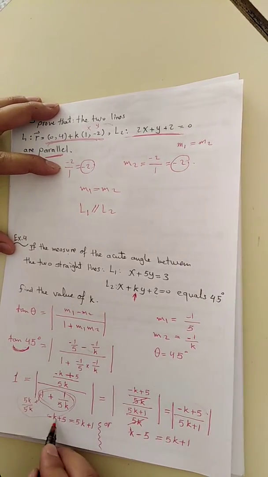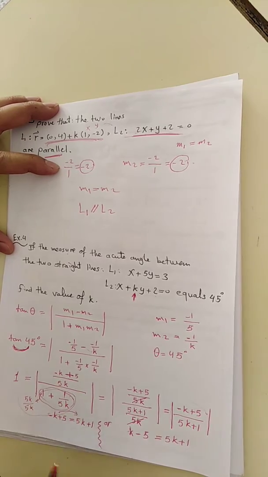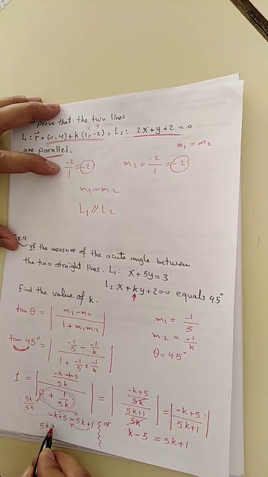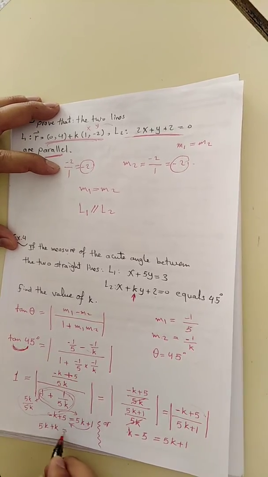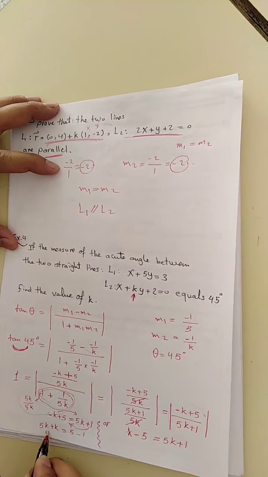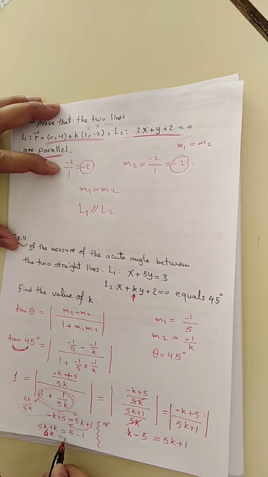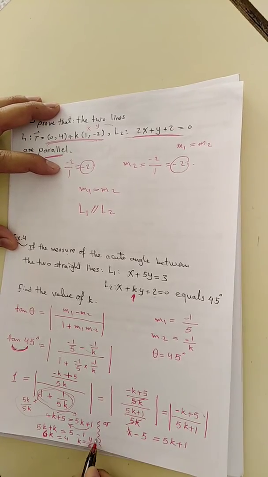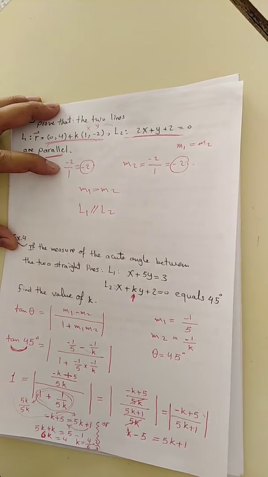The value of k, we will transfer it. 5k plus k equals 5 minus 1, 6k equals 4, then k equals 4 over 6. It will be in the simplest form 2 over 3.